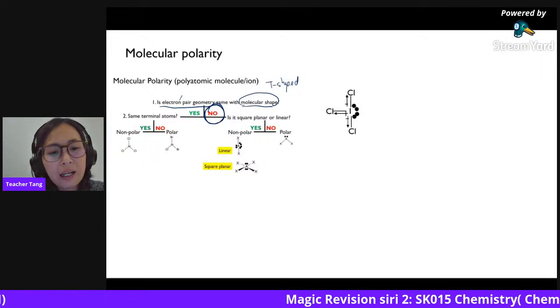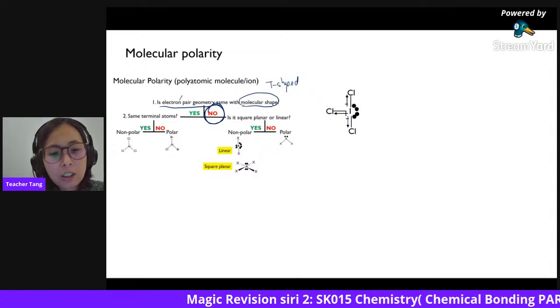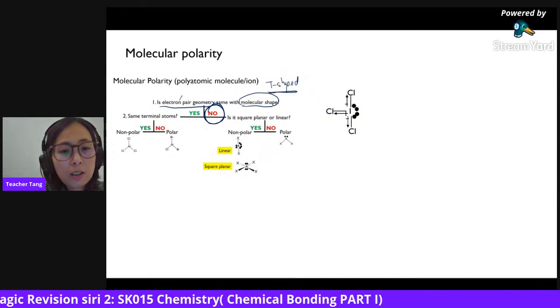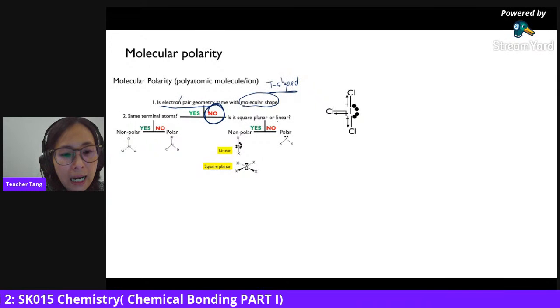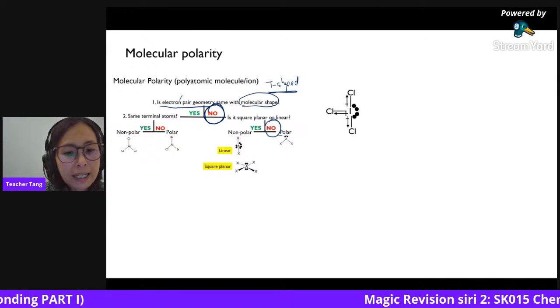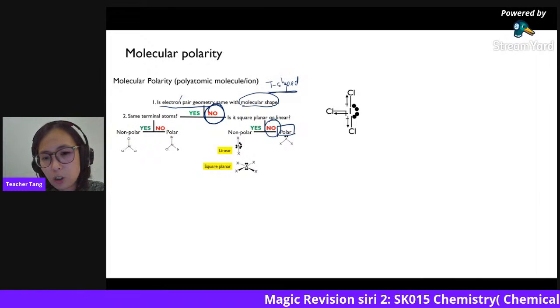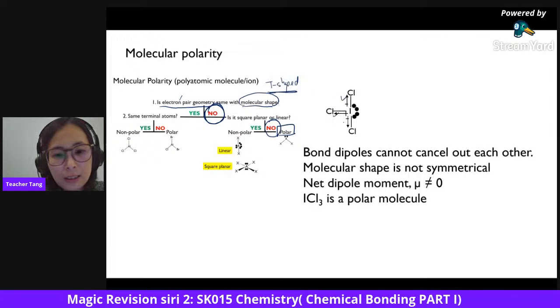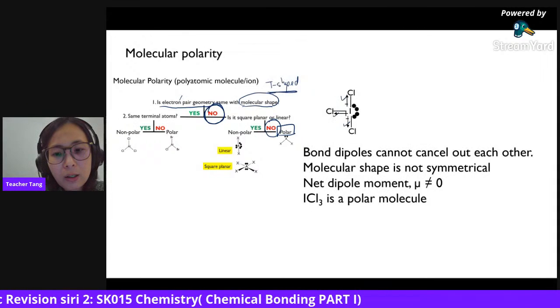Then we need to ask ourselves, is this molecular shape square planar or linear? We already determined it is T-shape. So of course the answer for question number 2 is also no. If no, that means that ICl3 is a polar molecule. Why polar molecule? It is because these 3 bond dipoles cannot cancel out each other.